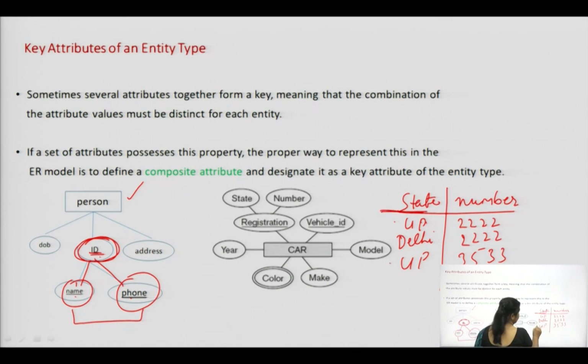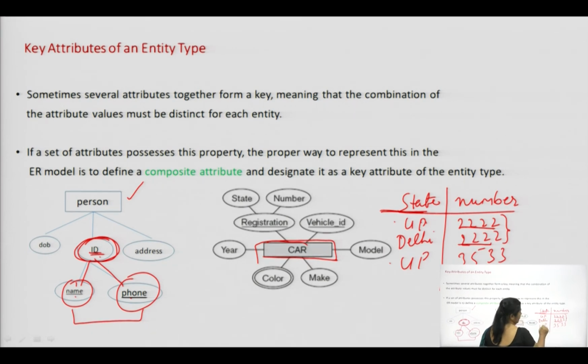Why? Because there is a repetition and the property of the key is that it must have a unique value for each entity. So, the state alone cannot be the key for the car, right. Similarly, the number cannot be the key for car. Why? Because again there is a repetition.